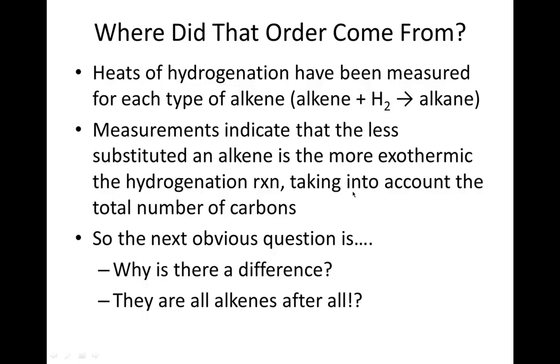This indicates that when you say something is less stable, it means that when you hydrogenate it, you're going to get more energy out. We're going to look at it graphically, and we're interested in why there is a difference. We are talking about double bonds in each case, but it is curious that there's a difference.